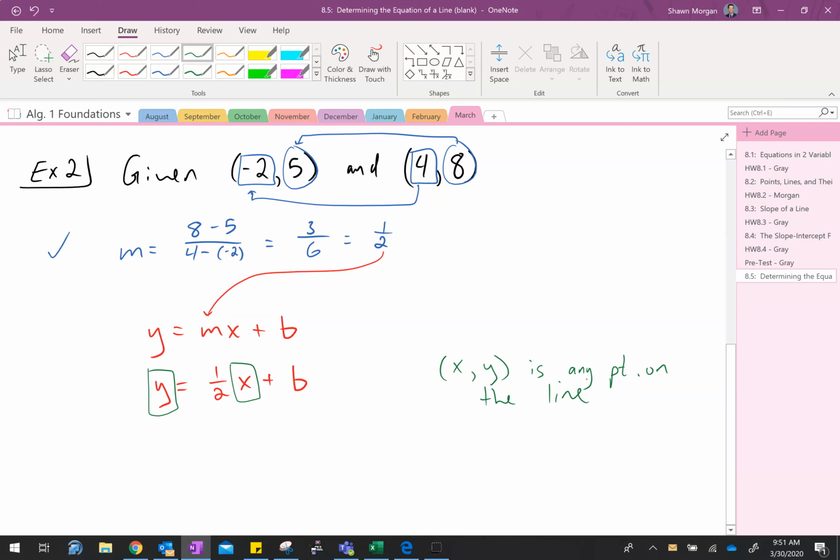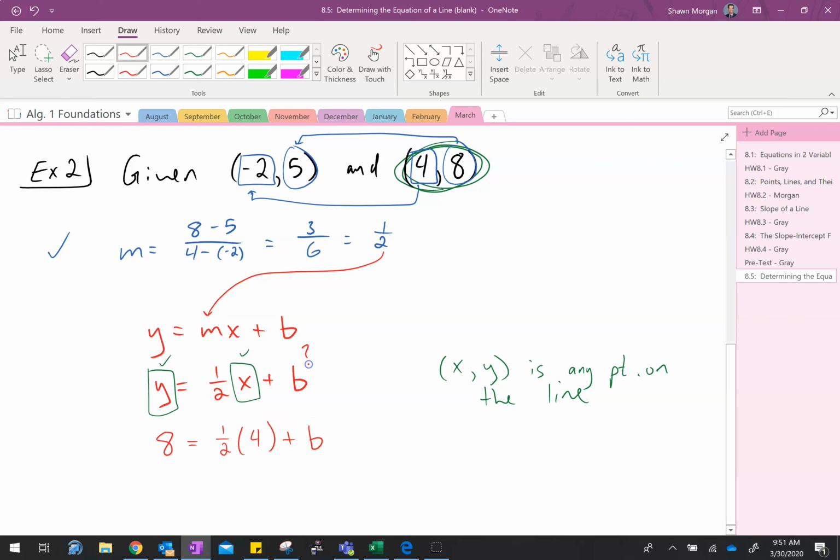And we happen in our given information to be told 2 such points. I would suggest using the one, if there is one, where both coordinates are positive. So I'm going to use the point 4, 8 to plug in for x, y. You could choose either point, but I'm going to let x be 4 and y be 8. So this becomes 8 equals 1/2 times 4 plus b.